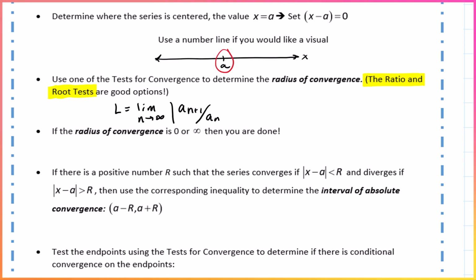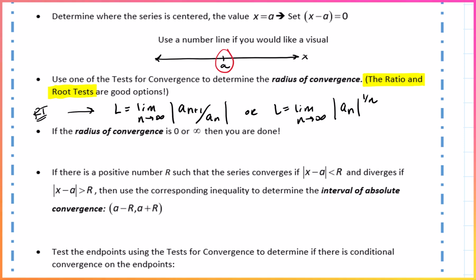Take that limit and run it through. Or the root test says define the limit as n goes to infinity of the absolute value of the a sub nth term to the 1 over nth power. We could say n or we could say k, it doesn't matter. Take the nth root. Remember, 1 over n is the nth root. So those are good possibilities.